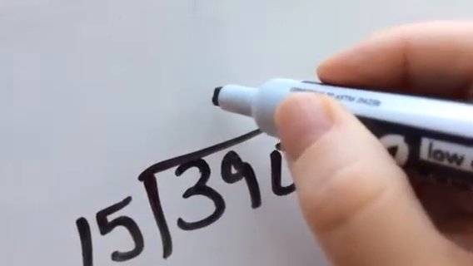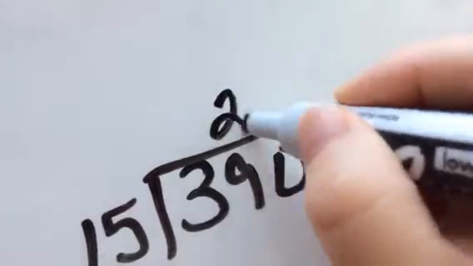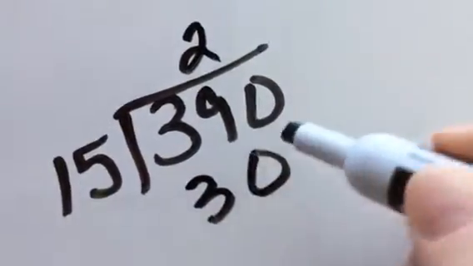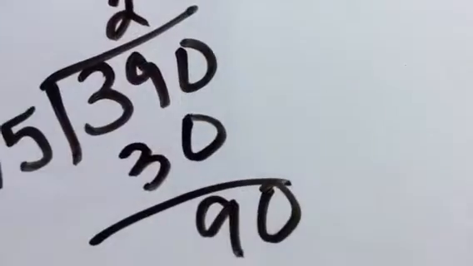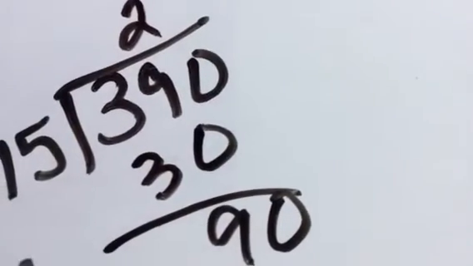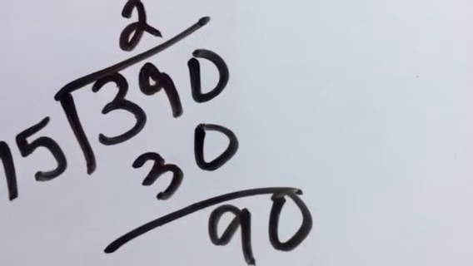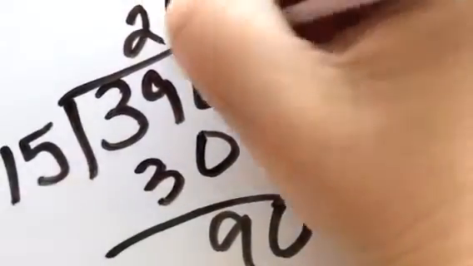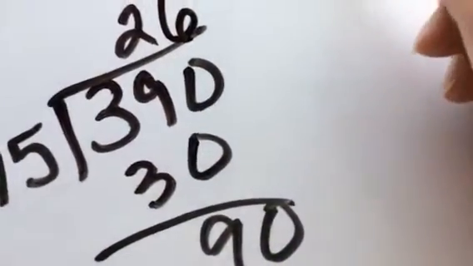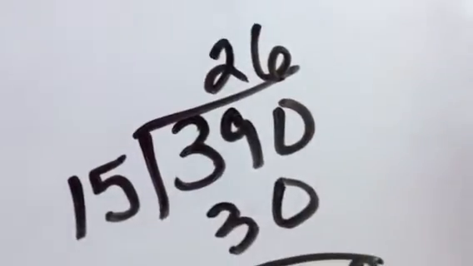So I happen to know that 15 goes into 39 2 times. And then 15 is going to go into 90, 15, 30, 45, 60, 75, 90, 6 times. And I'm just going to double check my multiplication.